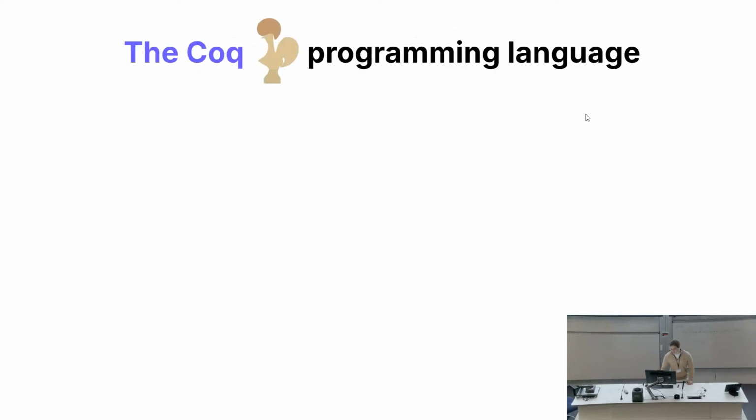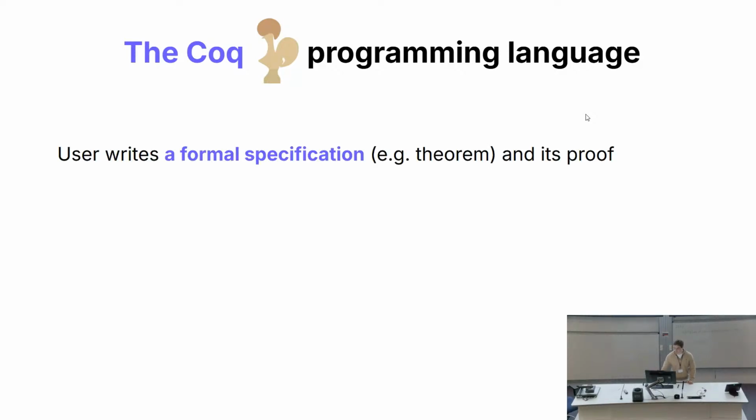And we are mainly focusing on Coq, in particular on generating Coq. So in Coq, one writes a specification. What does he want to achieve? He writes the specification, the theorem mainly, and the proof for it.